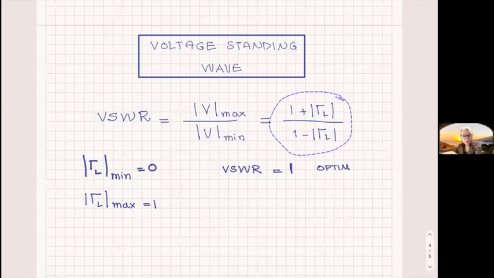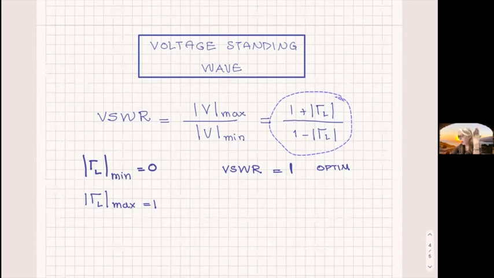Can you hear me? Yes. Perfect. So your VSWR of 1 is the optimal for matching. When I say match, it means match my line to a load, and we can put things in between the load and the line to match it. So we make the reflection coefficient 0, which says that we make the VSWR 1.